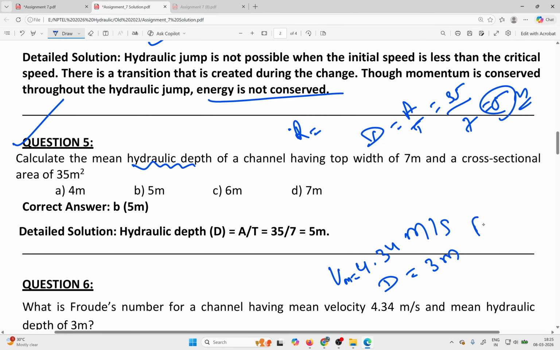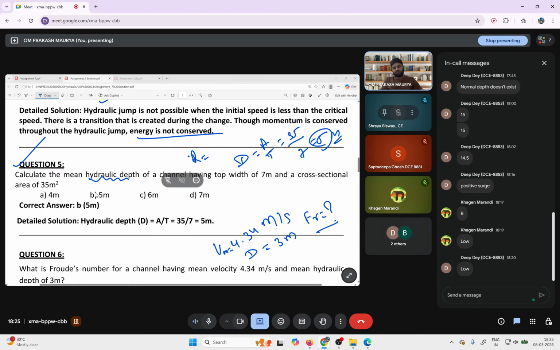Then you need to calculate Fr. Now I need answers from your side, so please try to calculate. Very easy question, very simple question. But I need answers from your side for question number 6.